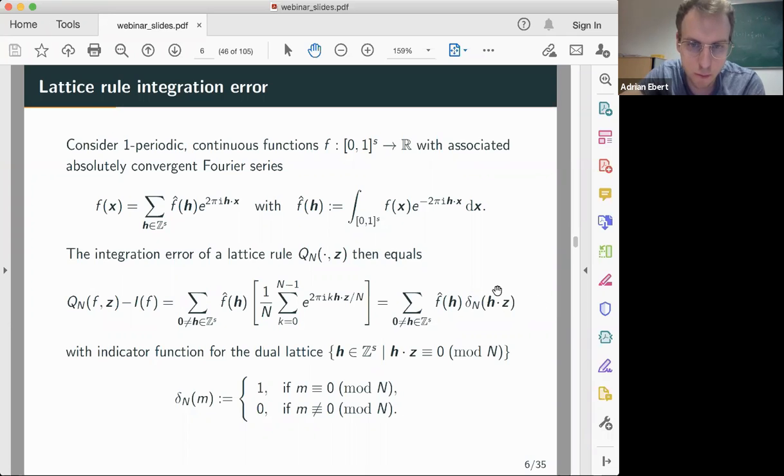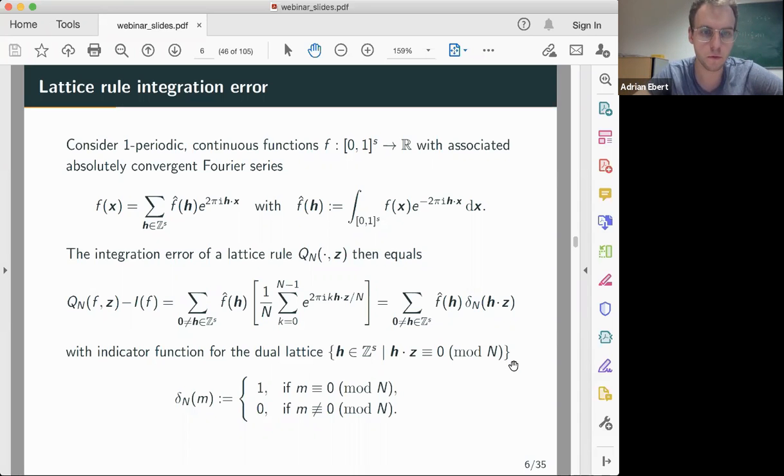I have to explain this function delta n, which is defined like here, and it means that if the argument is equivalent to 0 modulo n, then the function is 1, and otherwise it's 0. And in this fashion, this here is the sum of all coefficients f hat of h, where h belongs to this set. And this set is usually called the dual lattice.